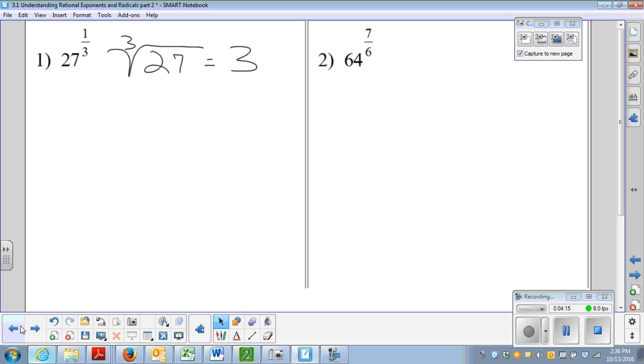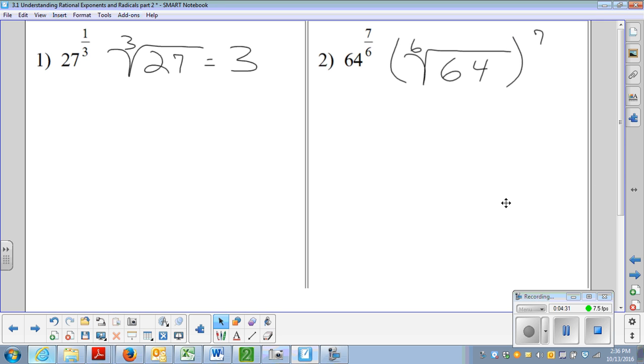Now, if you take a look at example 2 here, we have the 64 as our base. We're going to place the 6 in the index, and our exponent is going to be to the 7. So we have the 6th root of 64 raised to the 7th.